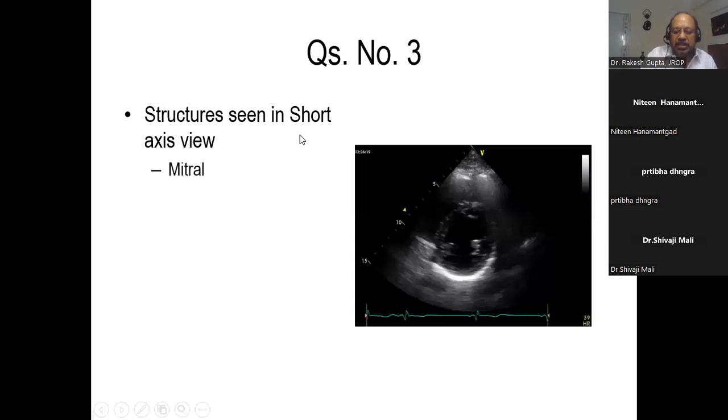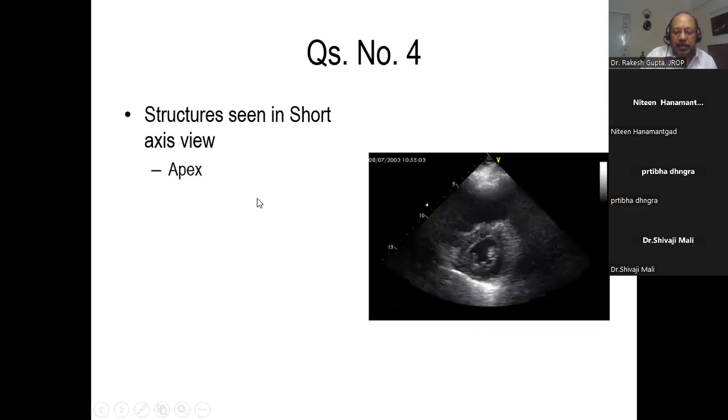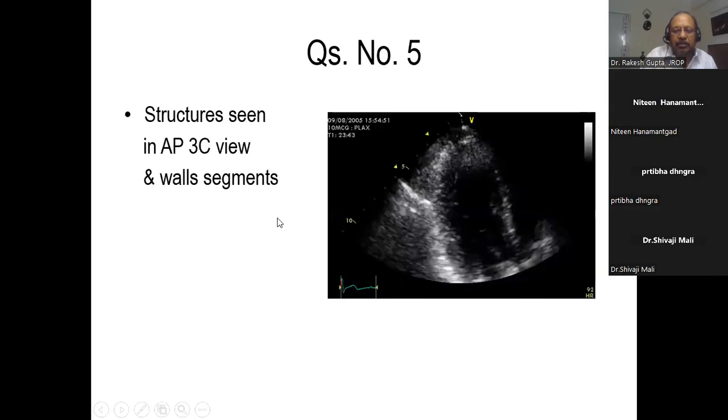What are the structures seen in this view? Wait a minute. Apical three-chamber view. What is this structure?